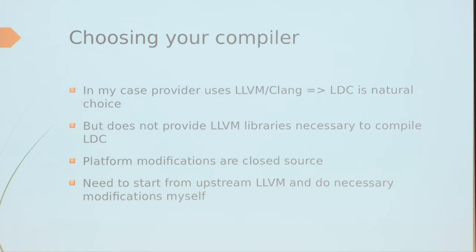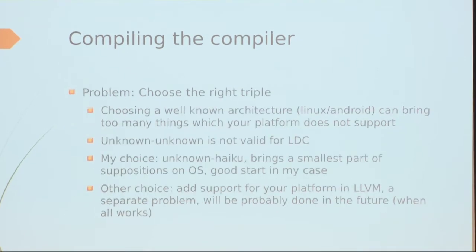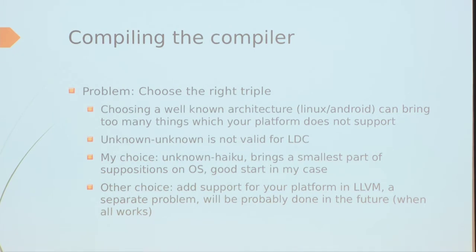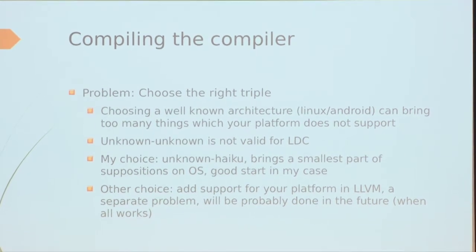Well, it's not straightforward, however, because platform modifications to LLVM are closed source, so I don't have access to them. But it's not a blocker, because I can start from the upstream LLVM and do the necessary modifications myself. So the first problem I encountered when trying to compile the compiler is choosing the platform triple. The triple from the platform toolchain is not known by the upstream LLVM. As I said, modifications are closed source.